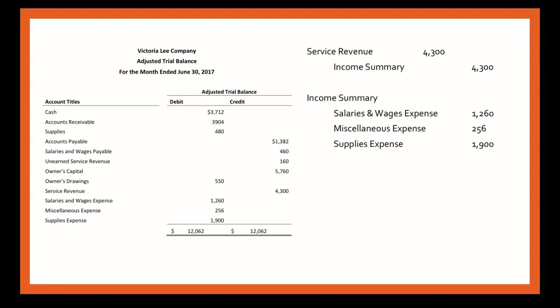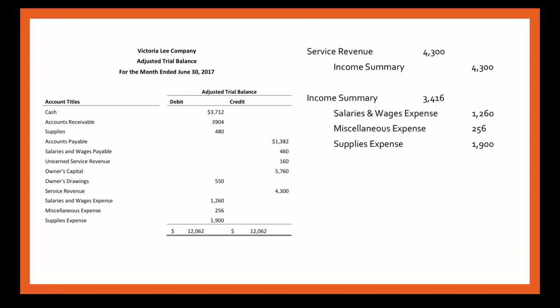Now our income summary will be debited for the sum of our credits, right? Because our debits and credits have to equal in journal entries. So we add up our three different expenses, and we see that those add up to $3,416. So we'll debit income summary $3,416.